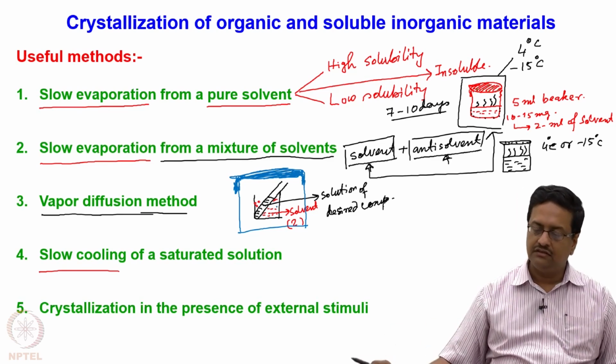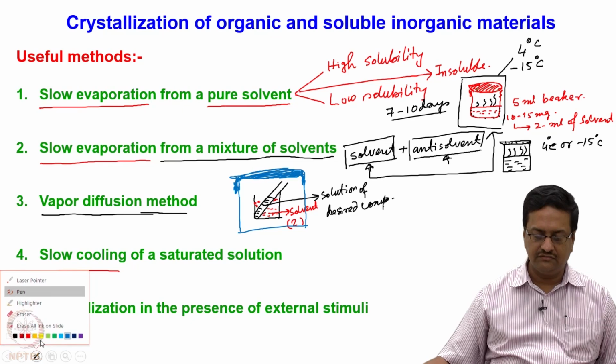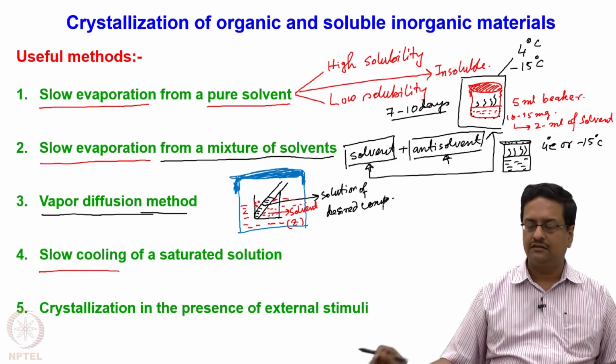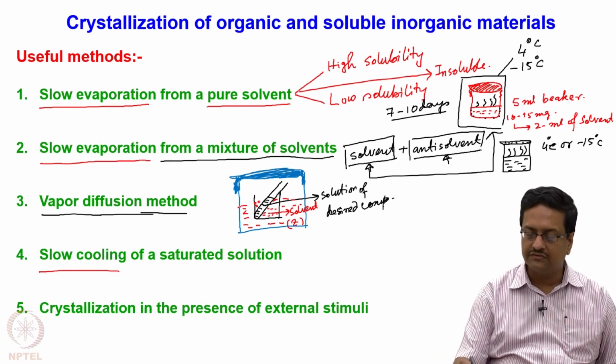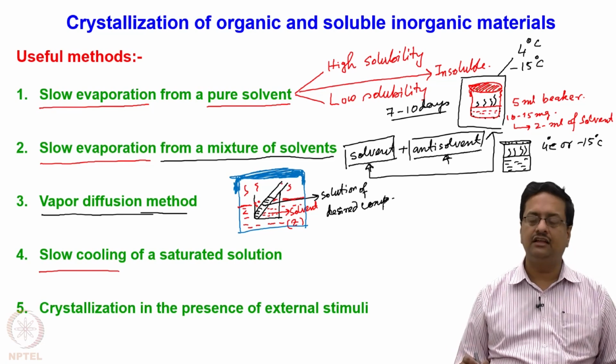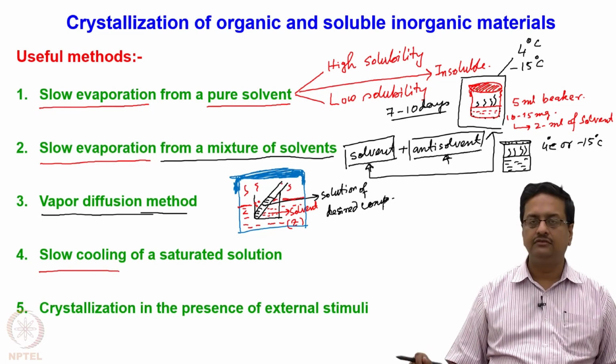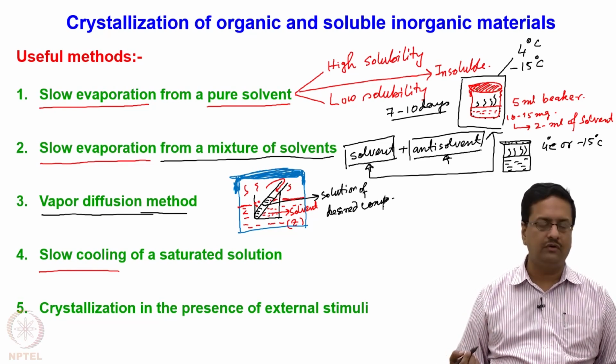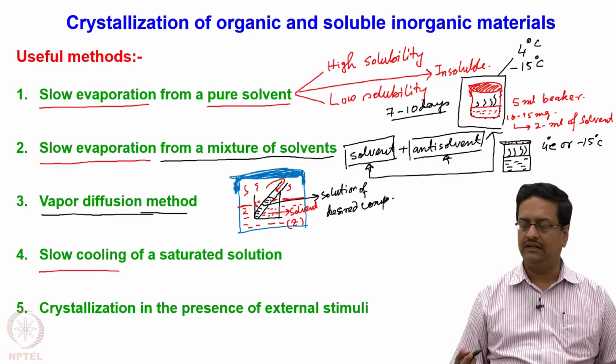We can fill the outer part of this larger beaker also with the solvent 2, so that there is an excess of vapor of solvent 2 inside the enclosed container, and that vapor can then slowly diffuse into the test tube in which we have our compound dissolved in the desired solvent.